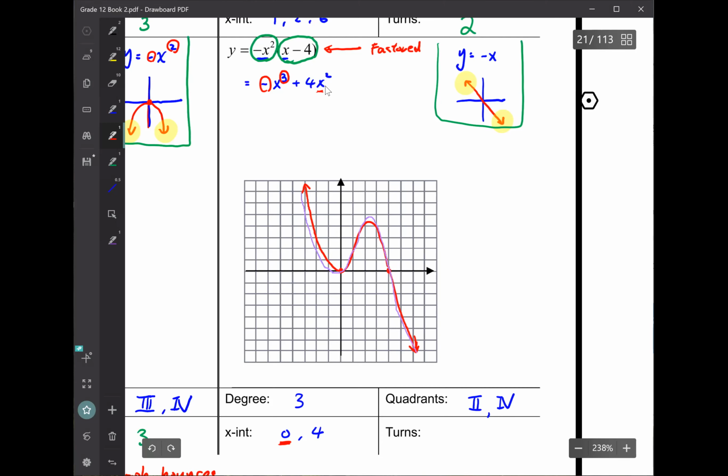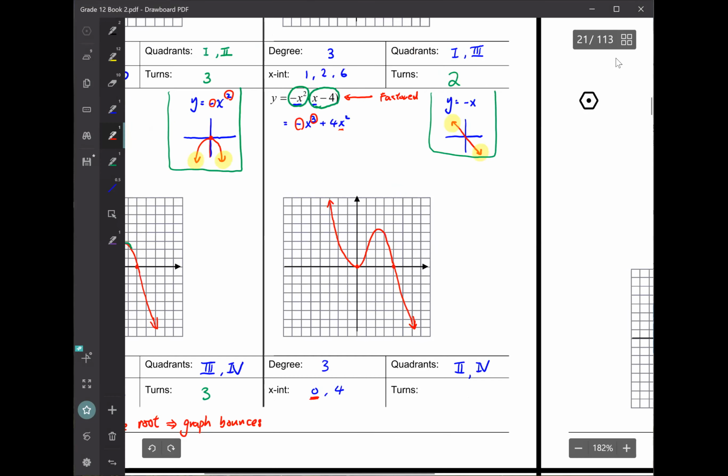All right, so let me erase your drawing. And I'll show you the decimals one last time. This one has 2 terms. So let's write that down: the 0 has a double root, and therefore it bounces.